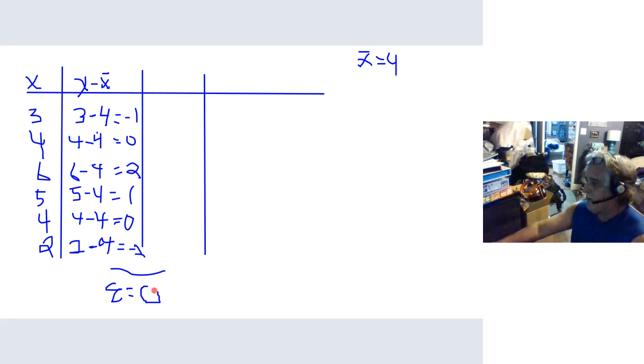And hopefully this makes a little bit of sense, because the reason why it should make sense is the mean is the numeric middle. Okay? So all of these should add up to 0 if we did the calculations correctly up to this point.